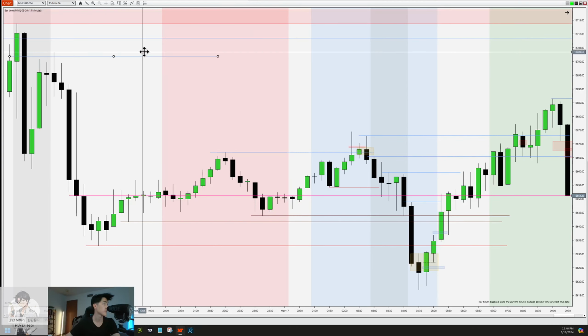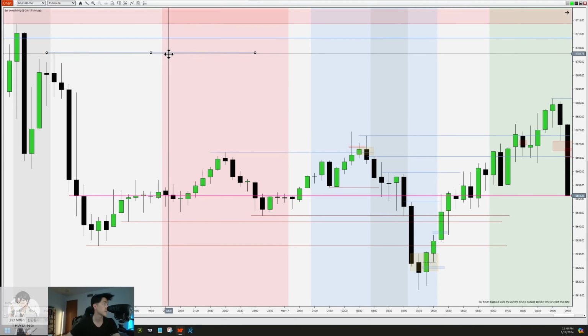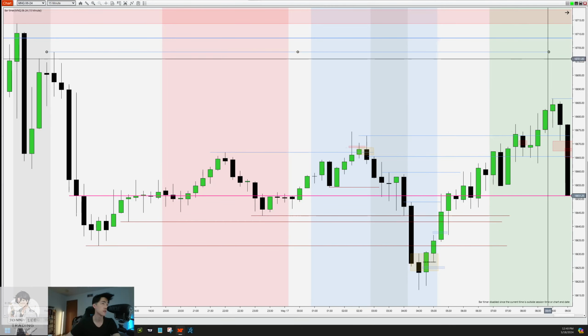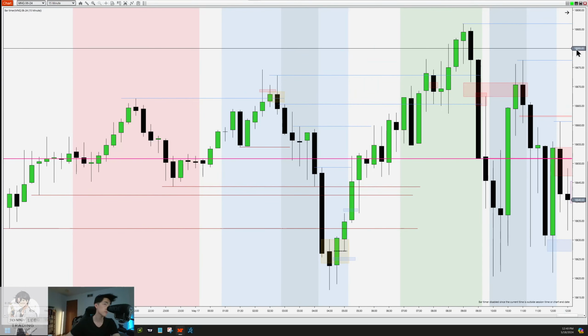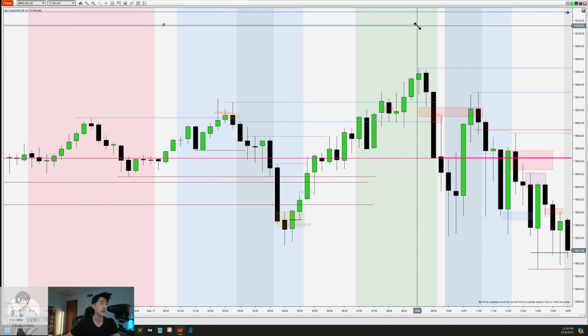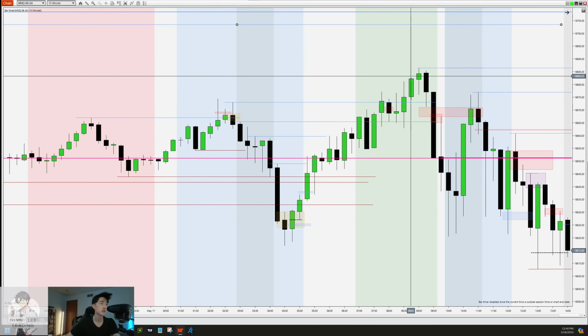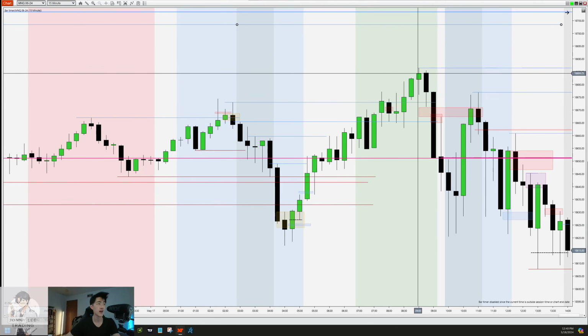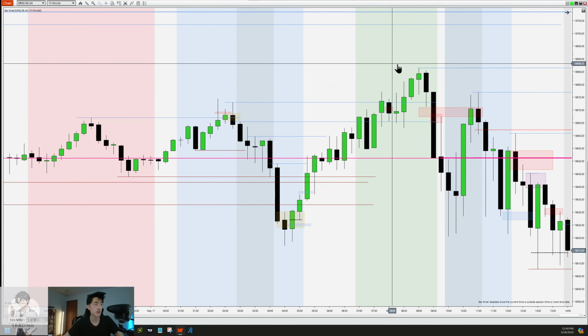Like, I'll mark this out for us here so you can see what that looks like across the screen. So buy side never gets engaged over here. Once we take out this high, that's our Judas swing.